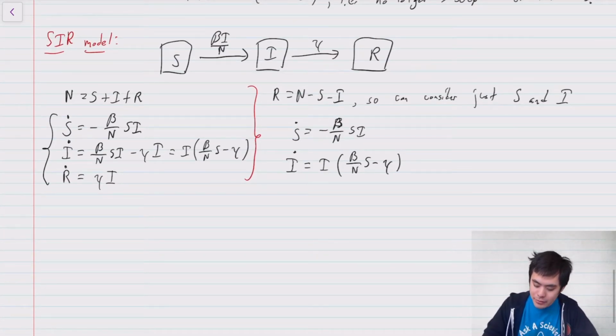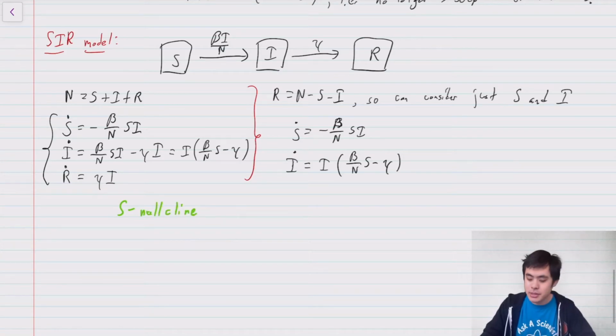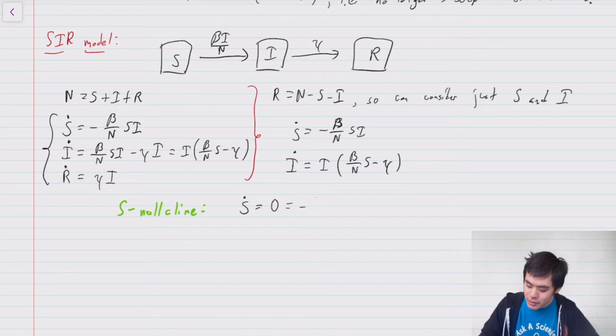So let's say we have an S nullcline. This is the set of points where S dot is equal to 0. So S dot is equal to 0 is equal to minus beta over N SI, which implies that I is equal to 0 or S is equal to 0.